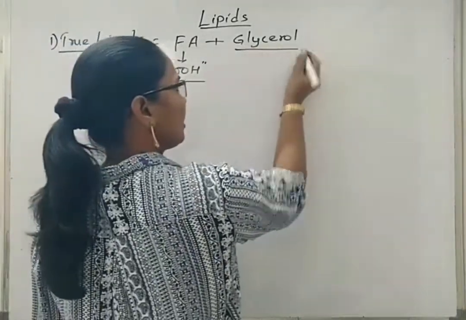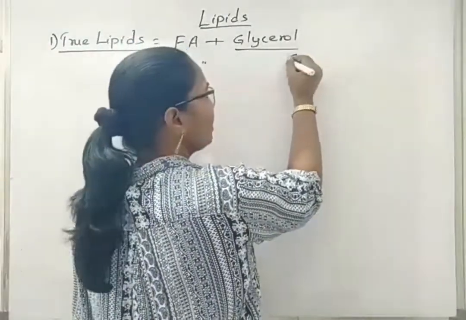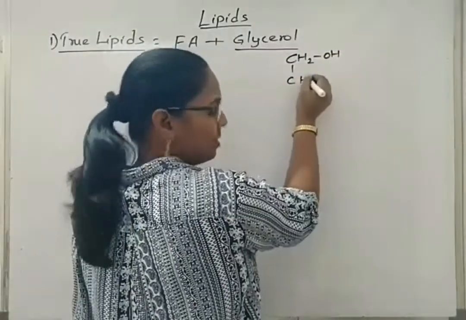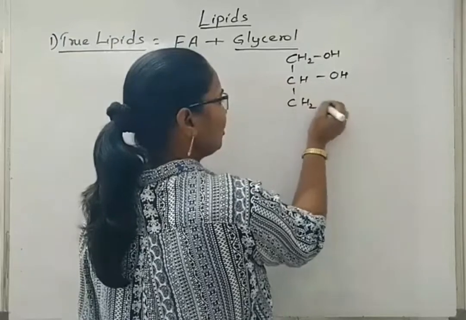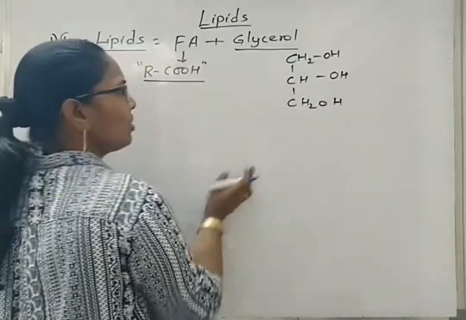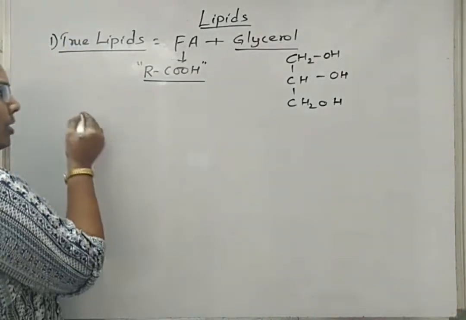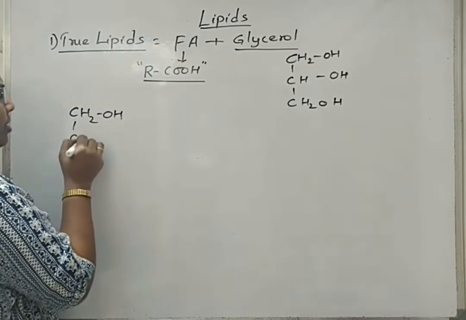What about glycerol? Glycerol is written as CH2OH, CHOH and CH2OH. So these two chemicals are bonded with each other. How is the bond formed? This is glycerol.